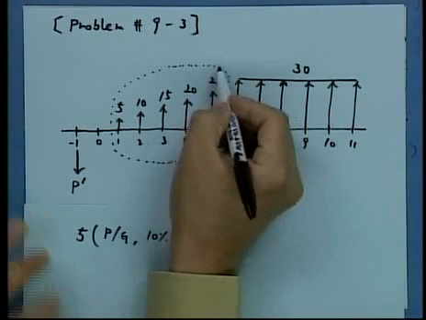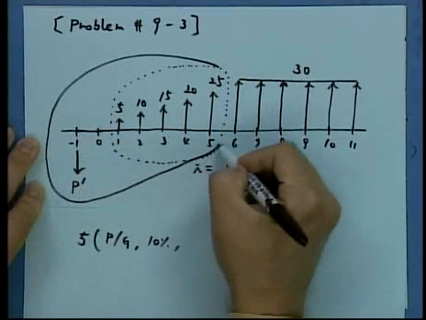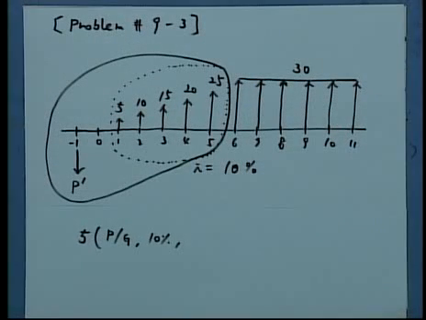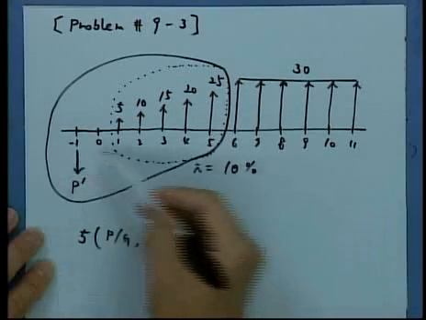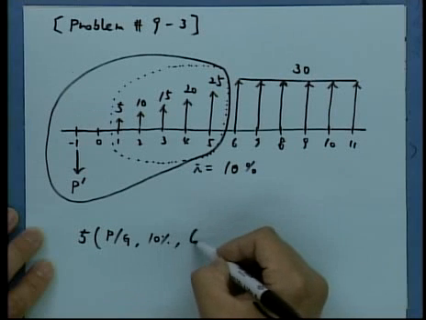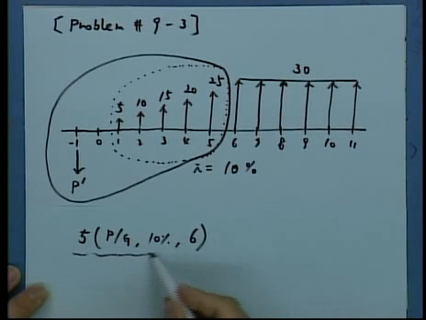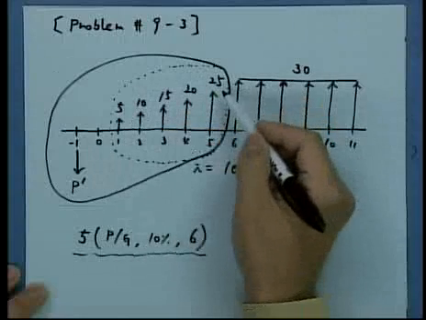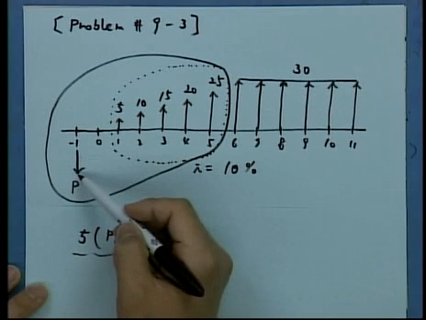Then this is the arithmetic gradient series over how many periods? Over 6 periods. So you need to use 6 periods like this. So this will convert the first 5 cash flows to an equivalent present sum at the end of period -1.